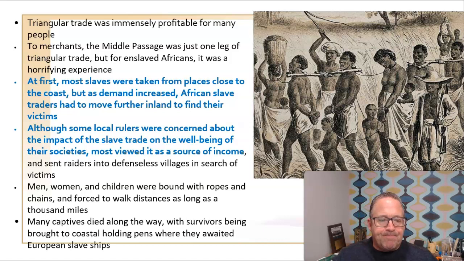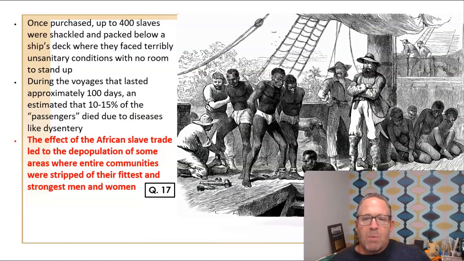At any rate, upon their arrival, they would be sold to the Europeans. So these are the European slave owners who would purchase them and then ship them across and then sell them to whomever wanted to buy them once they arrived in the Americas.